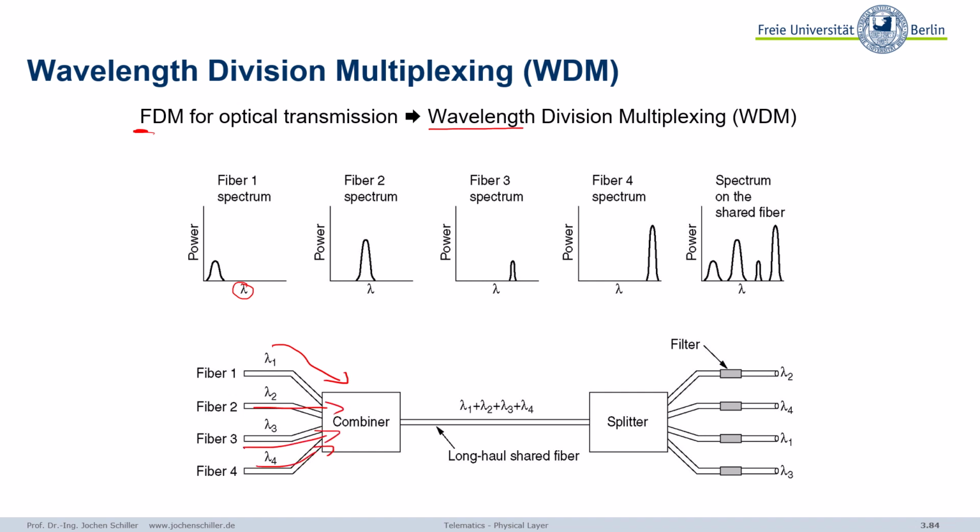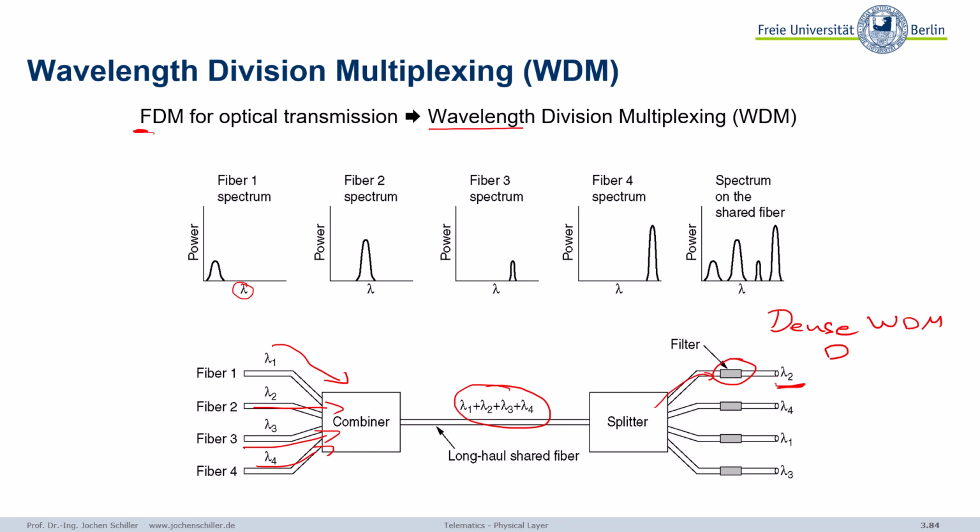You combine them. This can be done optically, so that you don't need any electric component in between. So you transmit many frequencies over this shared fiber, and then you split it and you filter out your frequency. So that's the idea there. So wavelength division multiplexing, used for fiber and fiber optics. And if you use many of these channels, then it's called dense WDM, or simply DWDM, dense wavelength division multiplexing.